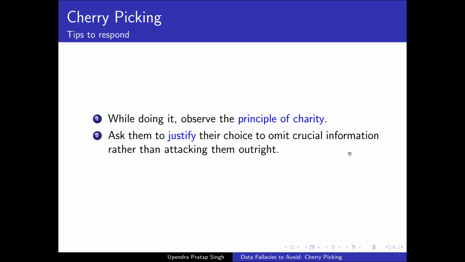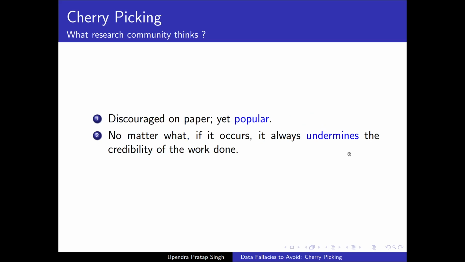It's a more open-ended question, and a good amount of discussion can take place. Consequently, you may come up with whether or not those points you think crucial were actually crucial. So it's a more professional and healthy way to engage in case you find out that some cherry picking is going on.